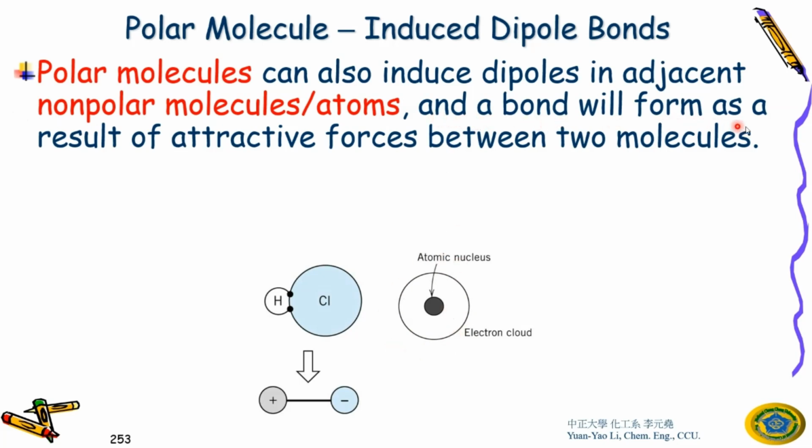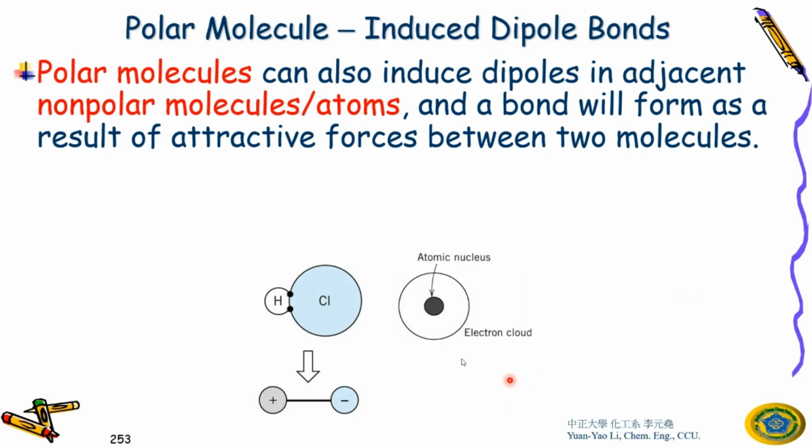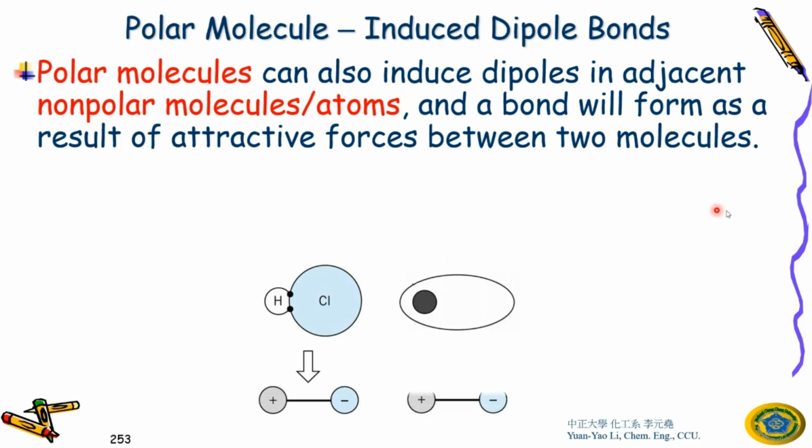A bond will form as a result of attraction forces between two molecules or two species. So when this one gets close enough to this one, you will find a dipole in this species, and this dipole is called an induced dipole. Again, non-dipole, and close enough, it becomes a dipole. This is what we call an induced dipole.